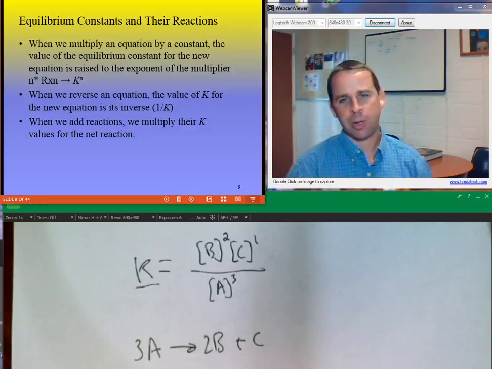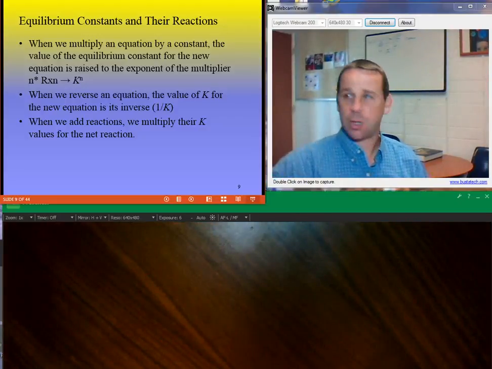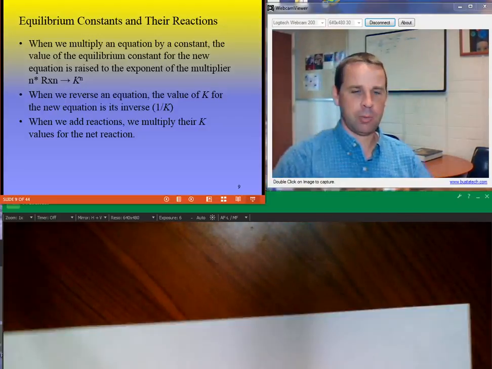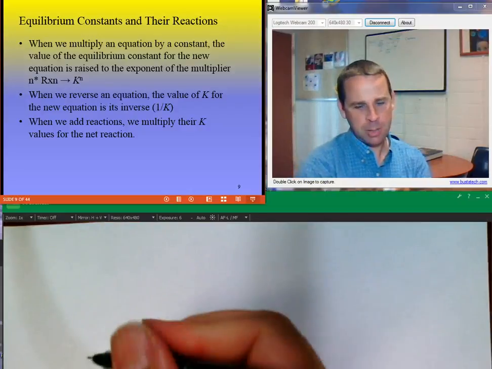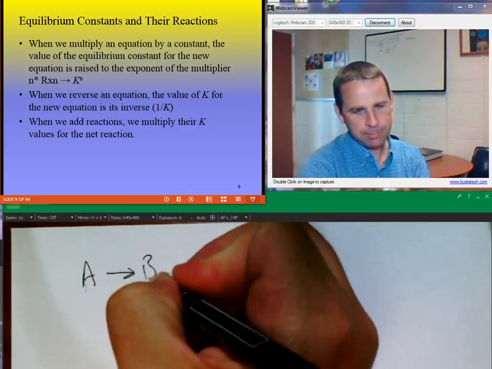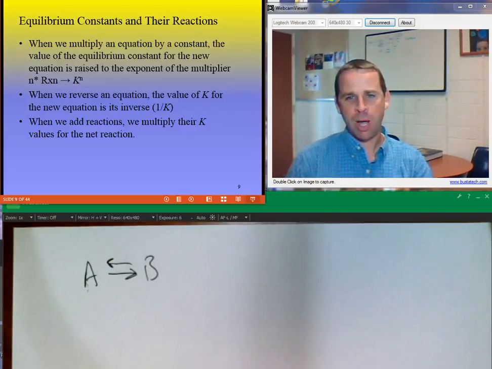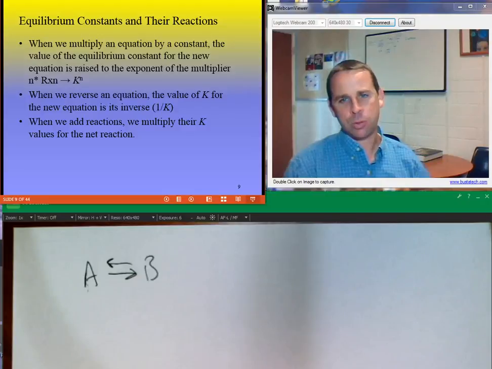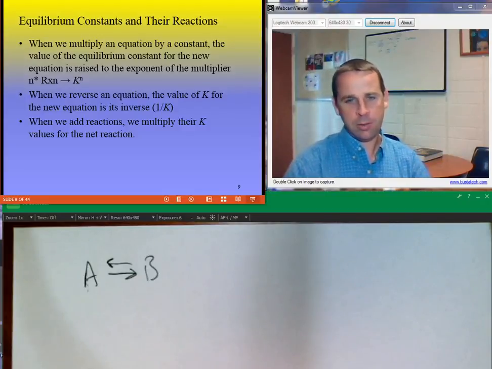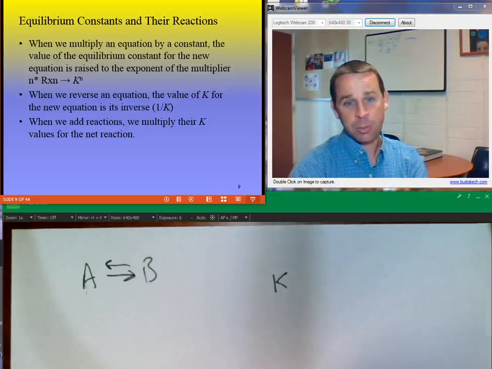If we take a chemical reaction, let's go a little bit simpler. Let's use a simple chemical reaction, A going to B. We say it's at equilibrium, and I want to express the quotient that we would use to tell me about this equilibrium, under equilibrium conditions.